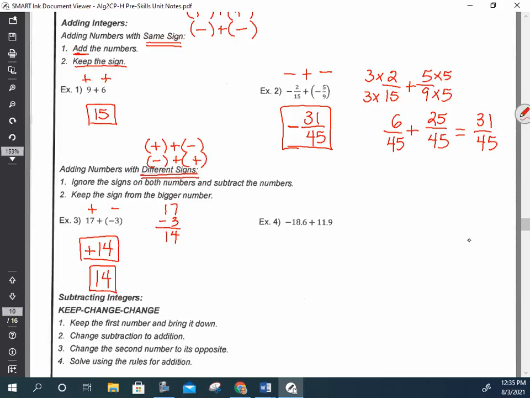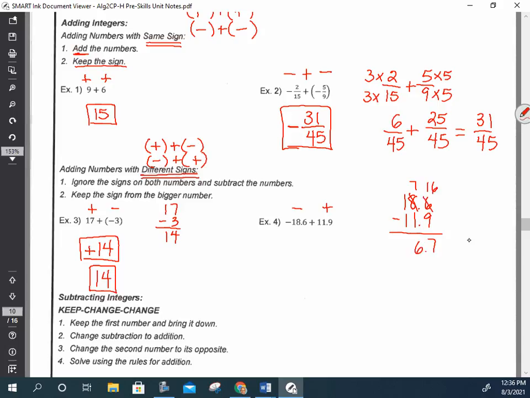So example 4, same rules apply. You have a negative plus a positive. So you ignore the signs and subtract the numbers. 18.6 minus 11.9. This does require a little bit of borrowing.